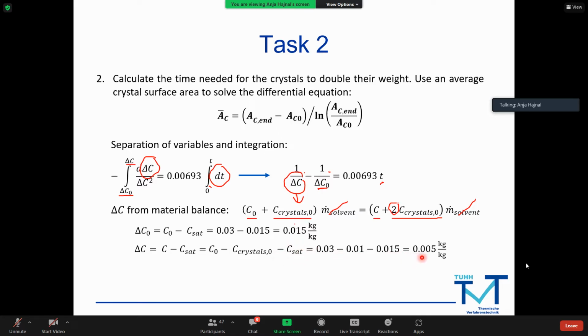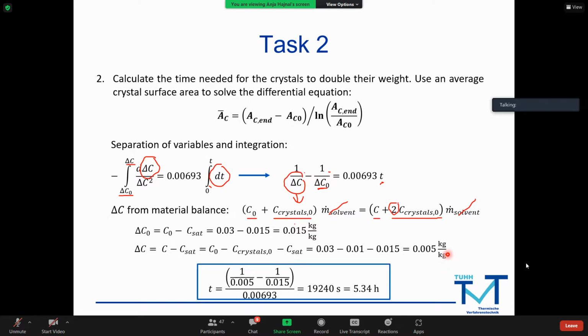And you should get that delta C equals 0.005 kilograms per kilogram. Of course, after some time has passed we have the reduction of the enzyme concentration in the solution, and therefore delta C is decreasing. You now just need to put that into the equation that we derived for t, and you should get that t equals 5.34 hours.